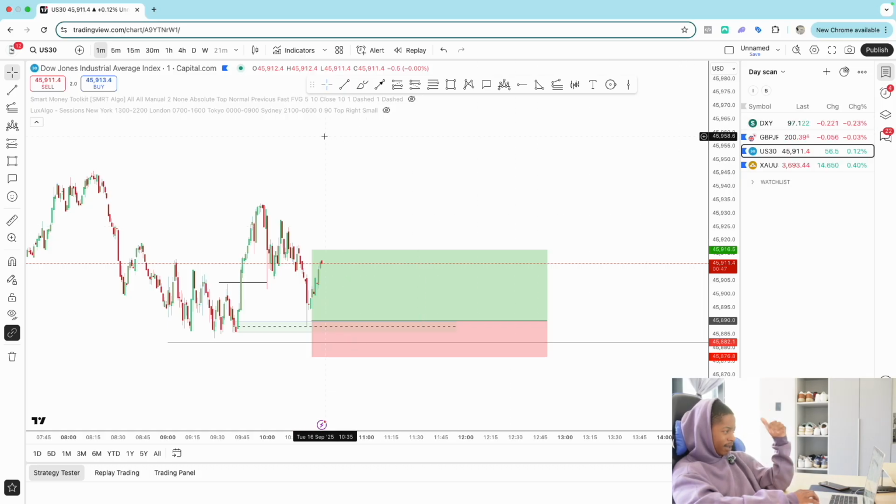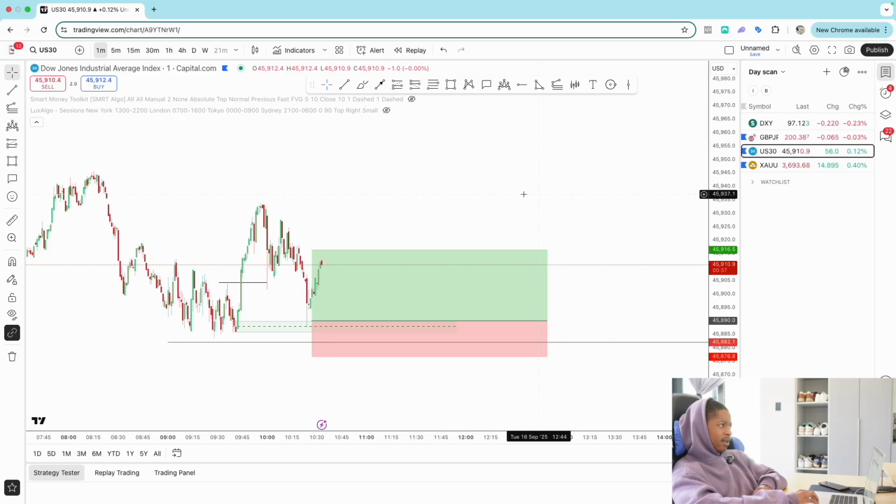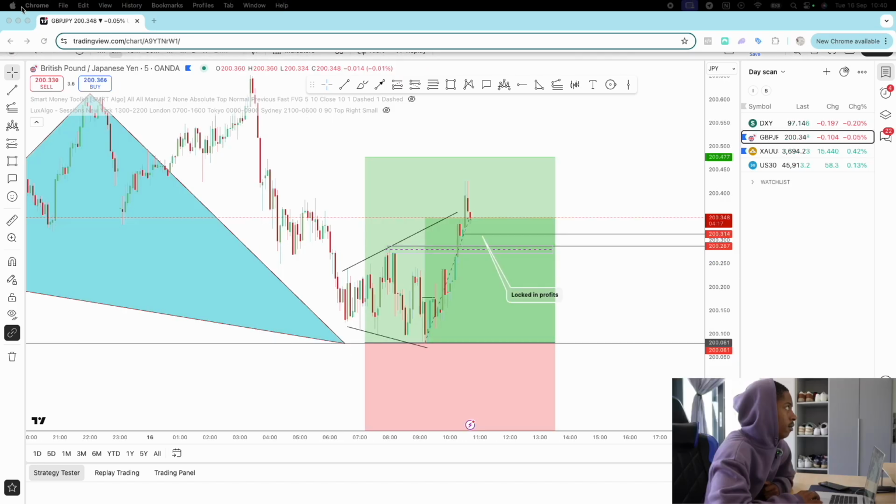Okay, I know the price didn't get to my area, but now I don't know what to do. I think I should just remove it, because truly speaking, it'll be a different trade if I don't remove it.